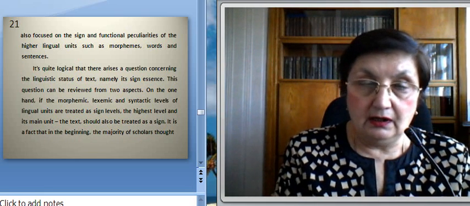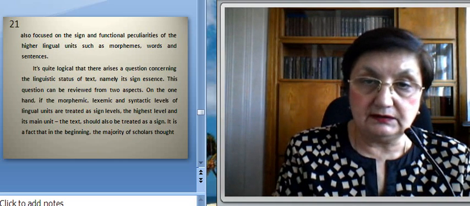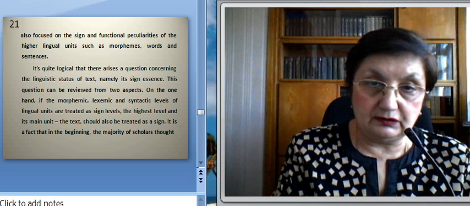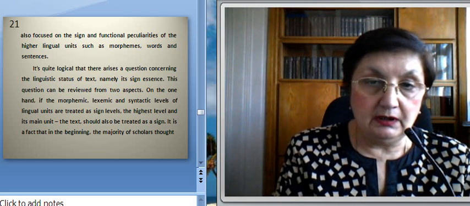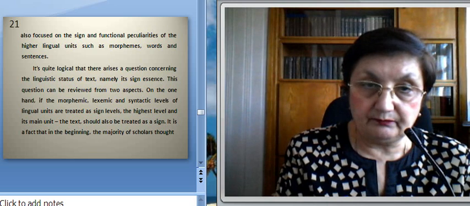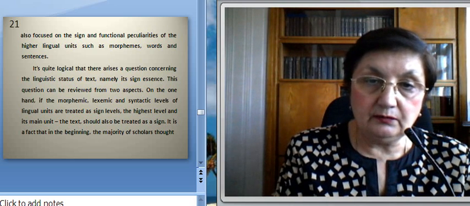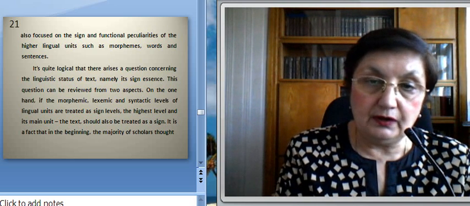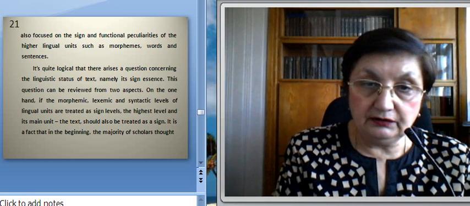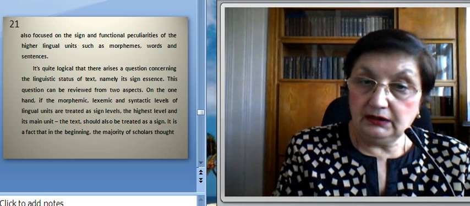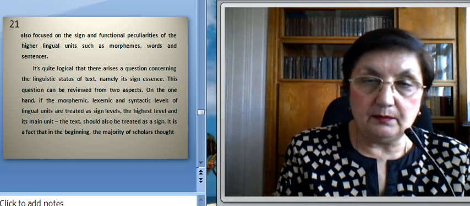This question can be reviewed from 2 aspects. On the one hand, if the morphemic, lexemic, and syntactic levels of lingual units are treated as sign levels, the highest level and its main unit of the text should also be treated as a sign.